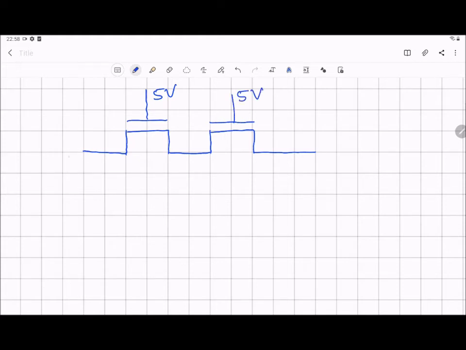Now let us assume that we apply 5 volt as an input, and here our objective is to find what is going to be the maximum voltage across the capacitor, that is Vc.